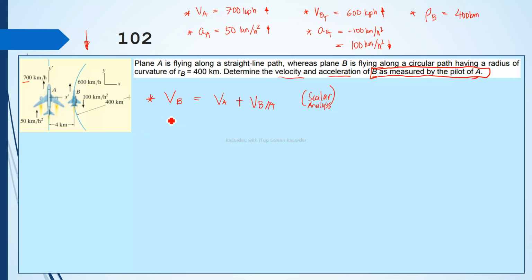So we have positive 600 kilometers per hour for B, and the velocity of A is 700 kilometers per hour. Then the relative velocity of B with respect to A, as measured by the pilot of A, is negative 100 kilometers per hour, or simply 100 kilometers per hour downward.